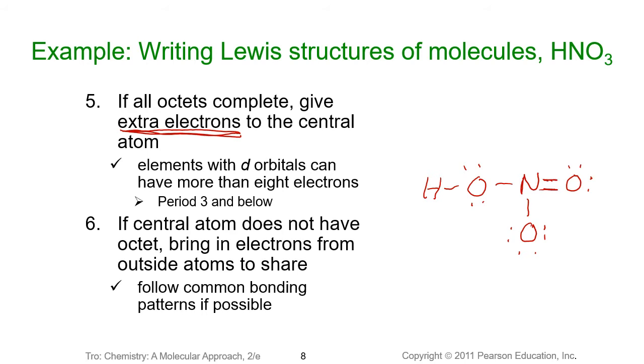So now each of our oxygens has an octet. Our hydrogen has a duet, or 2 electrons. And by sharing and making that double bond, the nitrogen in the center now has 8 electrons, 2 from each bond that it has. Remember, bonds count towards both elements.